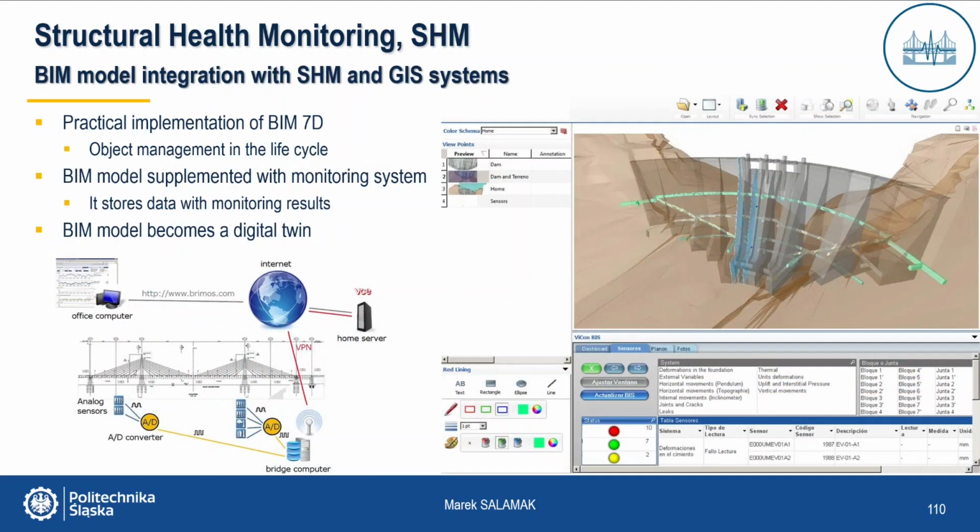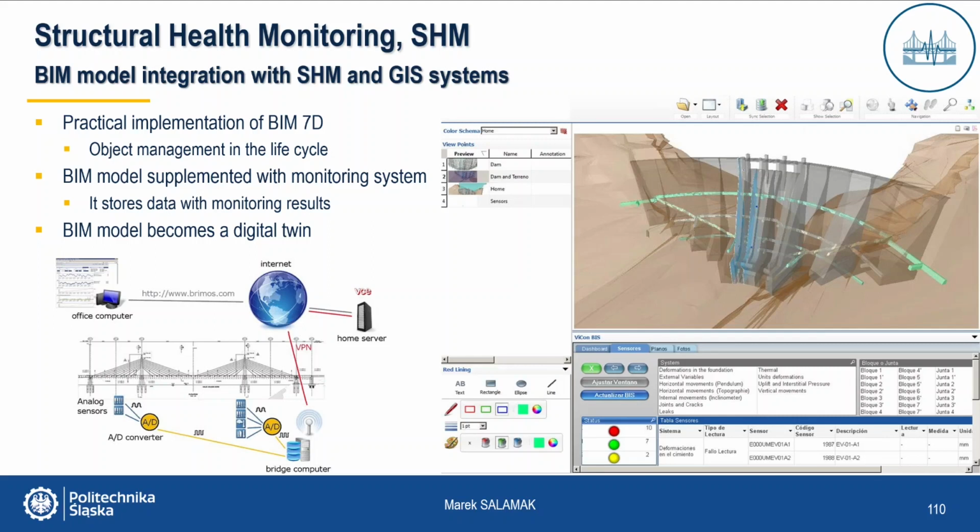Undoubtedly, the shown directions of BIM models, integration with SHM systems and GIS systems, are auspicious. This is one way of practical implementation of the idea of the 7 dimensions in BIM models. The assumptions of the BIM 7D model are to be used in the process of managing objects in their life cycle.